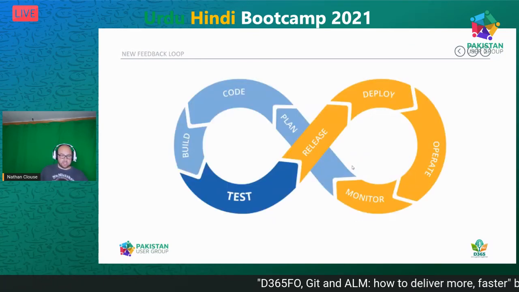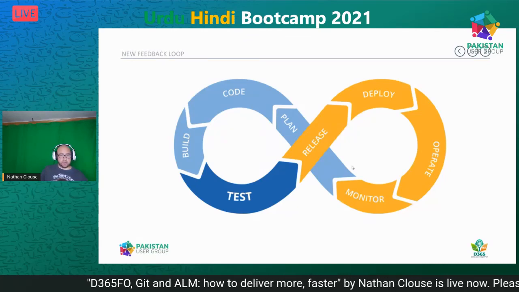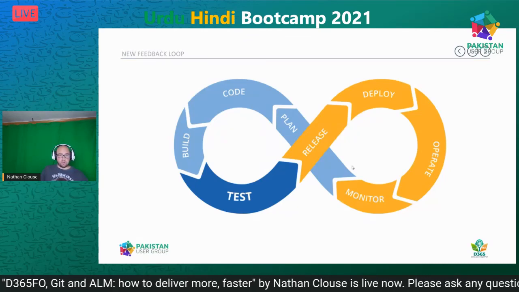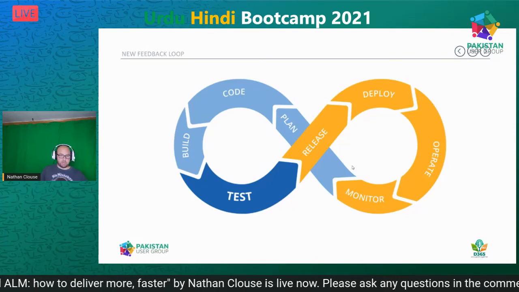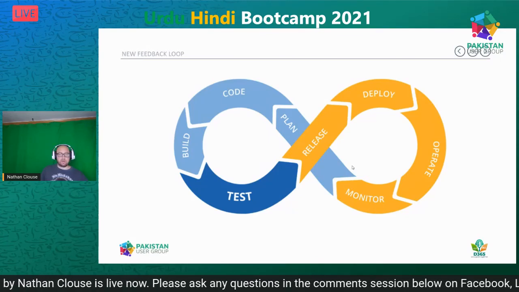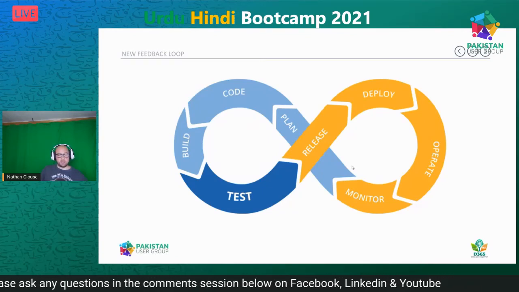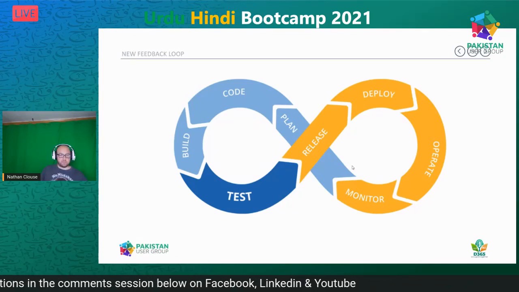So another way to look at this, and this is how Microsoft does it and how they deliver the product, is to release, deploy, operate, monitor, plan, code, build, test, and then just keep that going forever, because that's how Microsoft delivers to us. We get 10 updates a year, and we have to keep track of all of our changes.